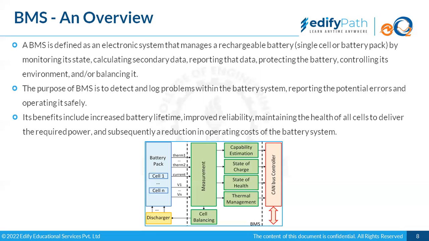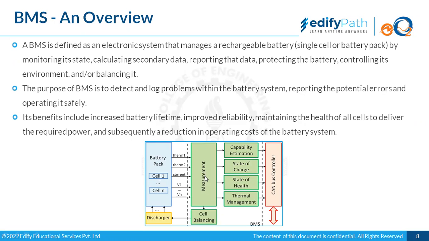We have tried to show this through a typical block diagram. The battery pack is a combination of a number of cells, and the thermal 1, thermal 2, current, and voltage are connected and measured by the BMS every time.